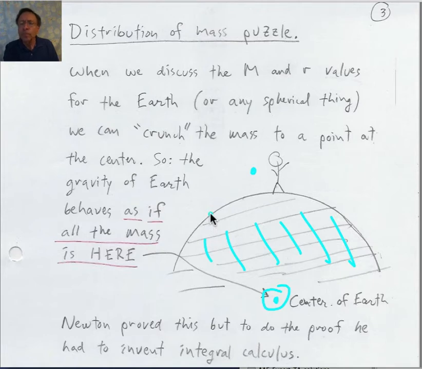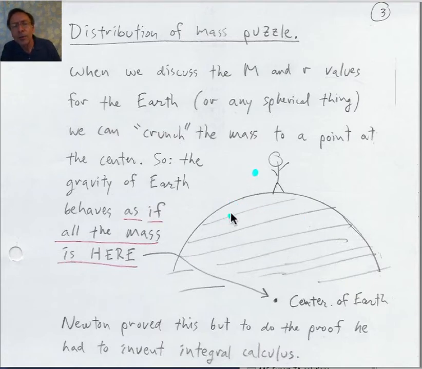And so what happens in an integral treatment of this problem, you say, well, this little chunk of the Earth, it has gravitation that's pulling like this, and this chunk of rock is pulling like this, and stuff over here is pulling like this. And the process of integrating is really a process of adding up a lot of pieces like this.